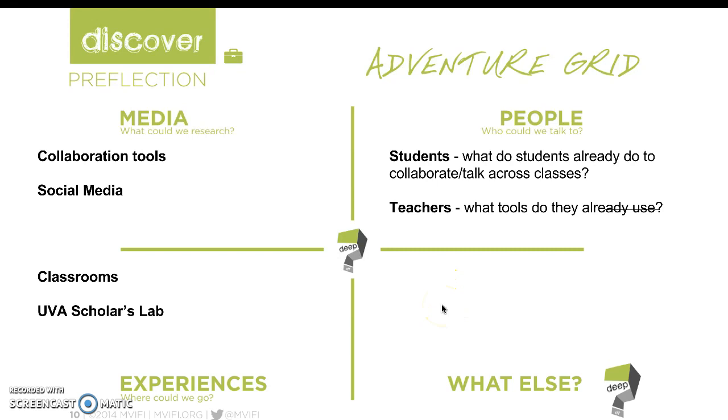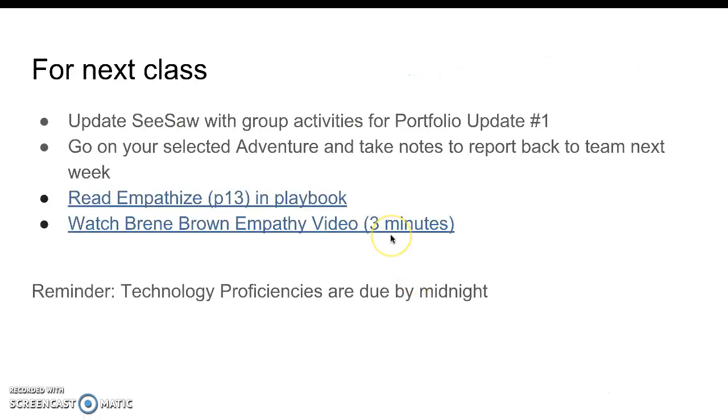And so with this frame, what you are going to do is start to think about who is going to do what for next week. So you're putting together a plan for, say, Emily is going to report back, and you're going to go on your selected adventure and take notes, and then report back to the team next week.